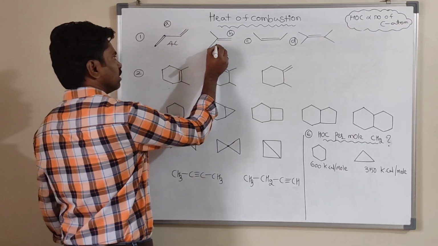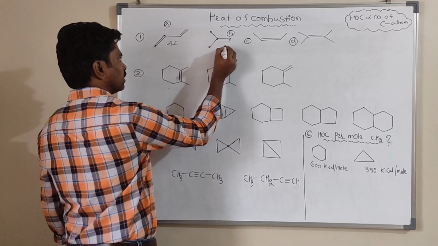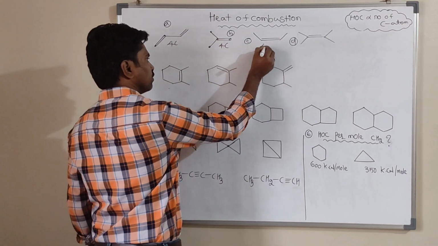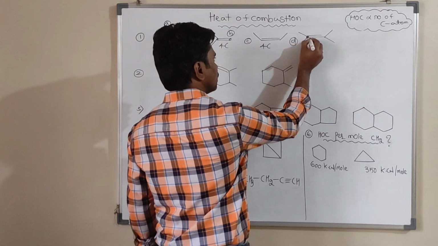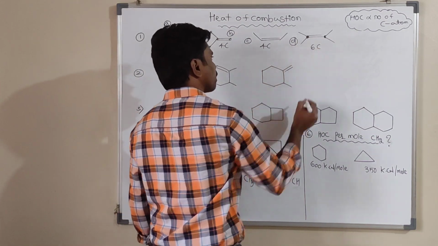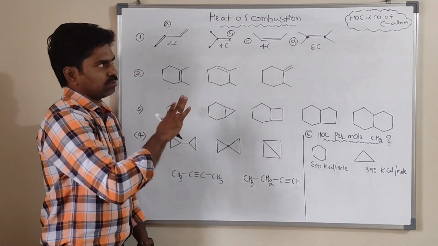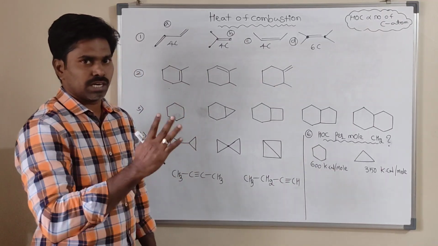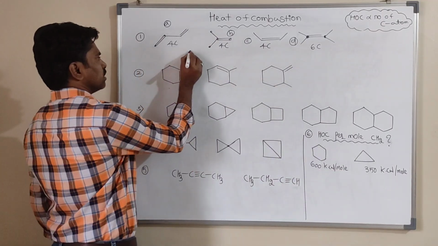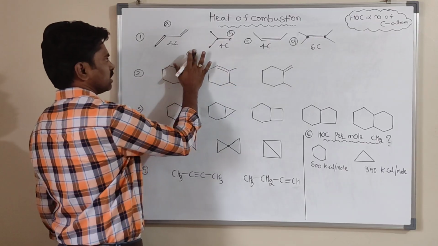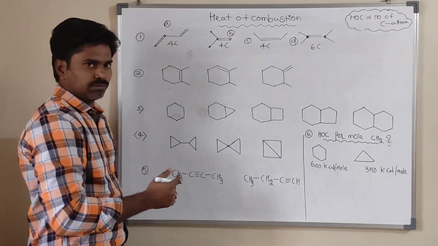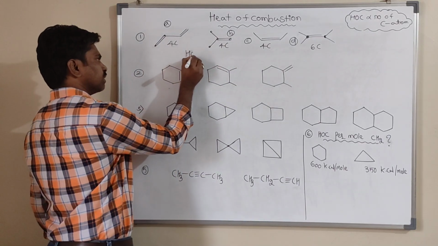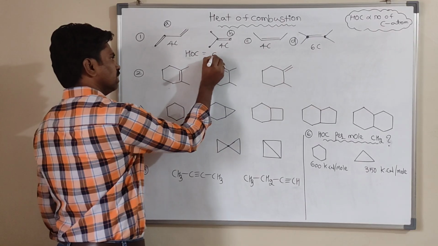The next also has 4 carbons, and this one also has 4 carbons, but in D there are 6 carbon atoms. Obviously the base point is that heat of combustion and number of carbon atoms are directly proportional, so the one with 6 carbons has the highest heat of combustion. So the option is D.